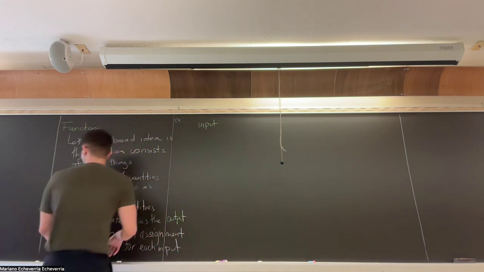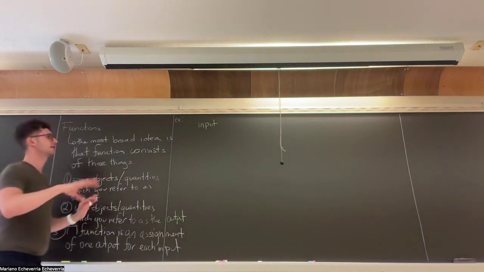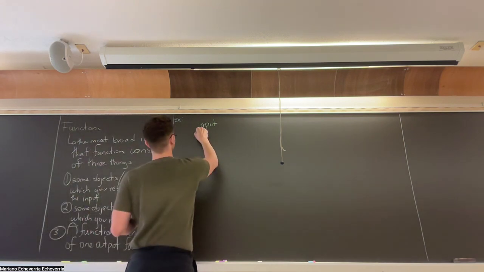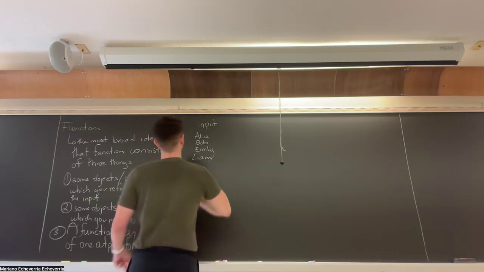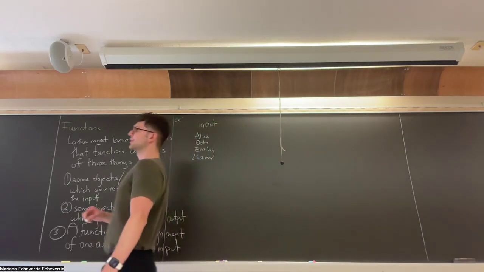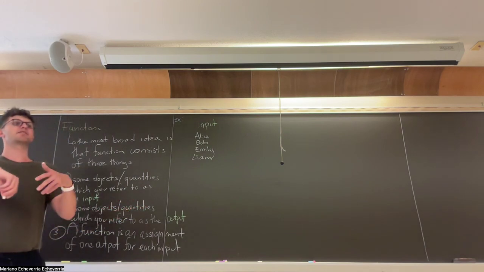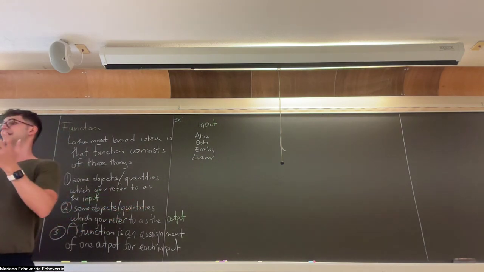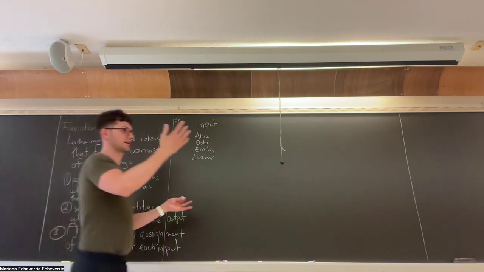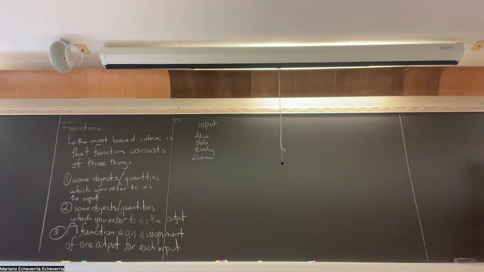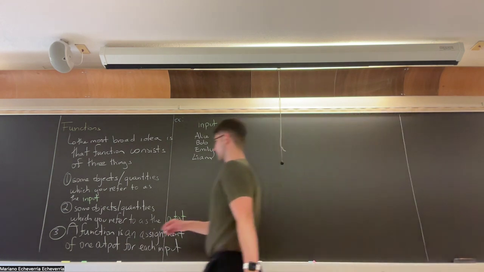Imagine I just choose four people on the street, so I'll put in some random names. Notice that my input is not even numbers. It can be basically anything that you can single out as an object can qualify as an input.